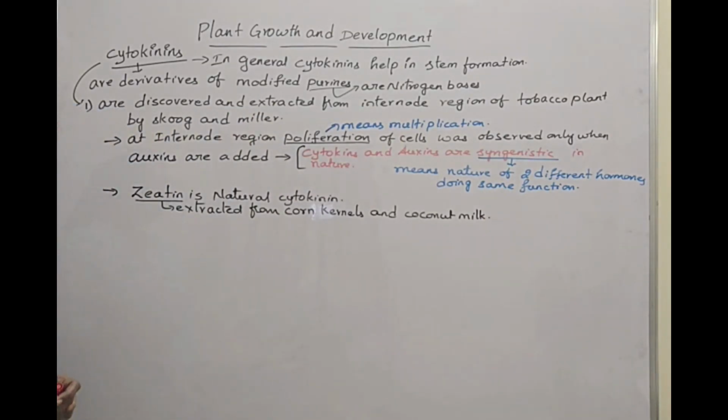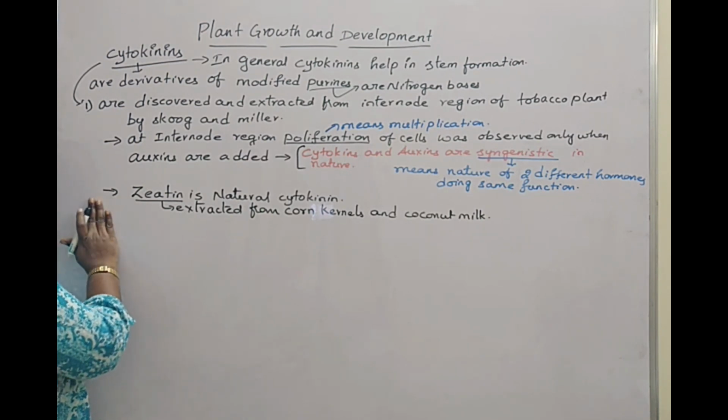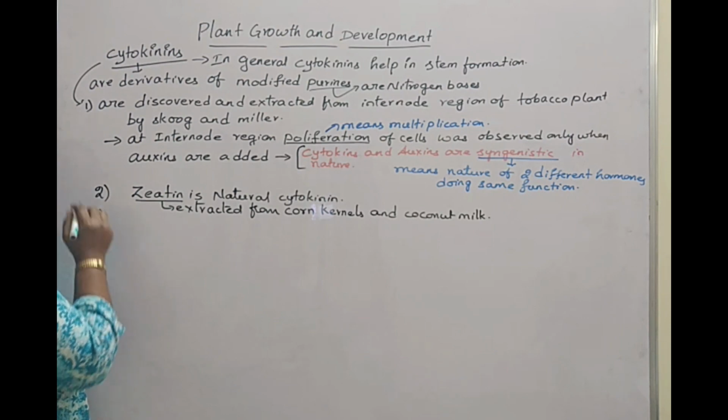There are some other places in the plant body where these cytokinins are also extracted. We'll write this as the second point, and the third point as follows.